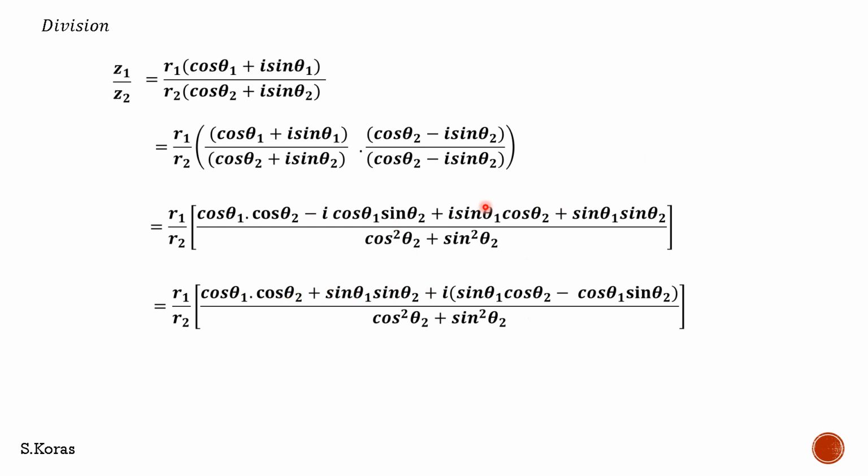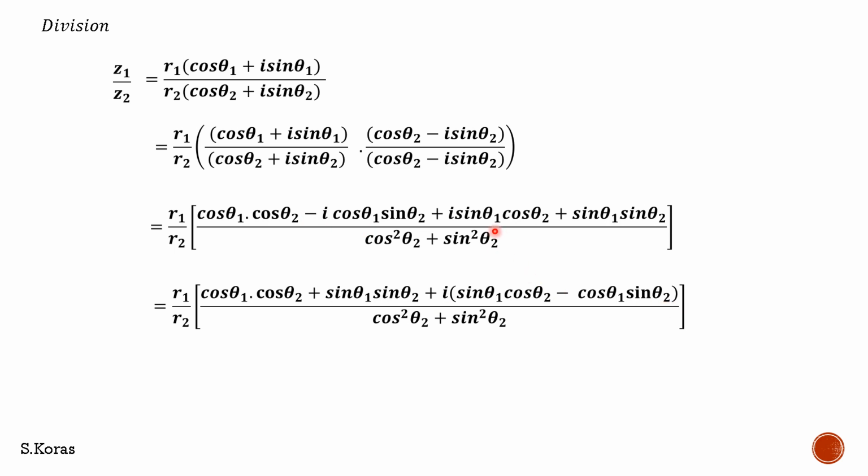Here, let us take plus I commonly outside for these two terms. If we take plus I commonly outside, it will become sin theta 1 into cos theta 2, and for this minus, because only I is taken out, the remaining here is cos theta 1 sin theta 2.